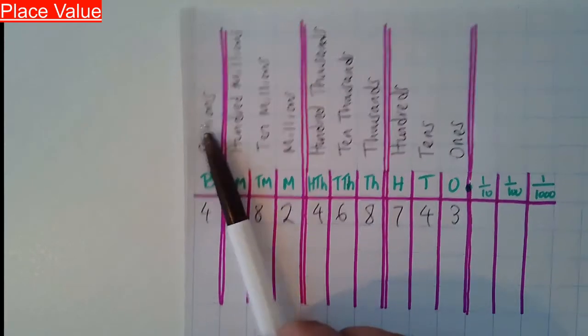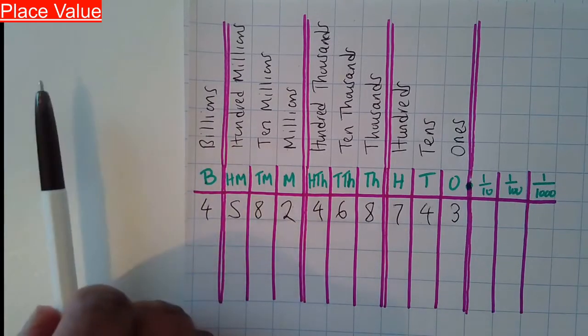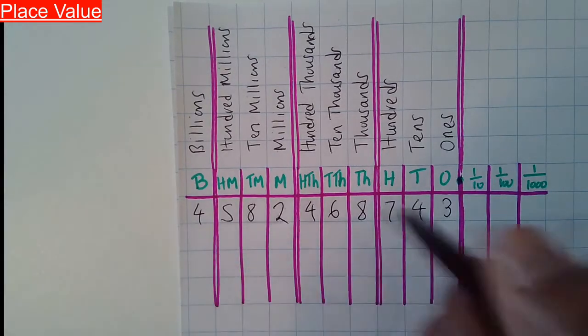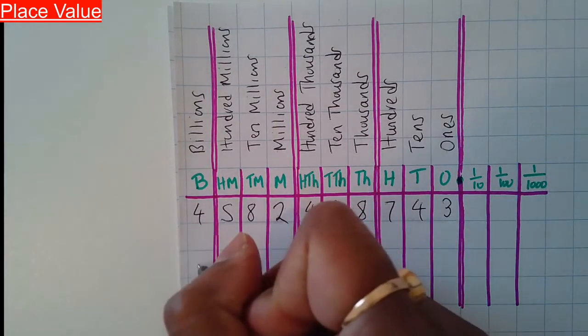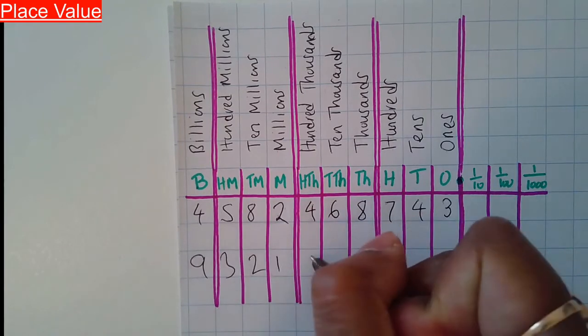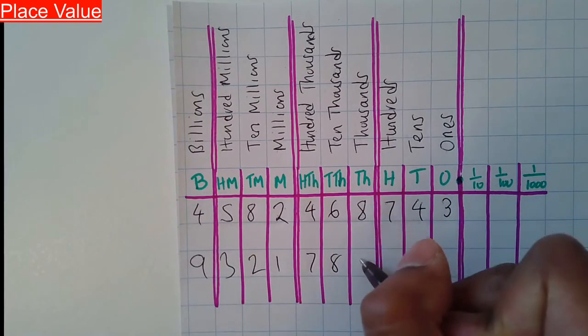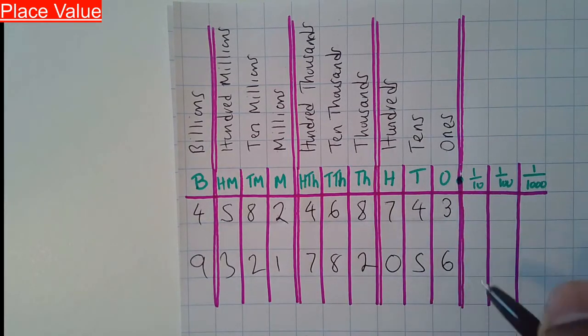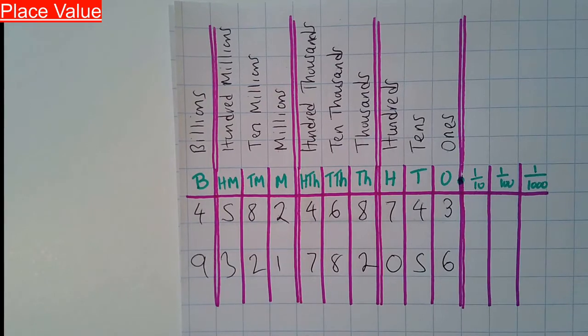And obviously you can extend that this way, it'll carry on forever. I'm going to write a bigger number here, another number, just making these numbers up. So how does that read? Well, you've got billions there, so that's 9,321,782,056.